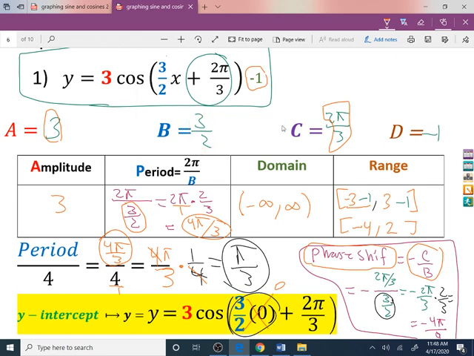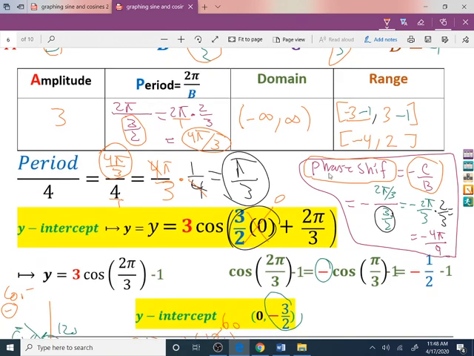You divide this by this. Keep, and the negative, you see the negative here? Always from the rule. Negative 2 pi over 3 over 3 over 2. Leave the top, change the bottom. Negative 2 times 2, negative 4 pi over 9. This is my starting point.